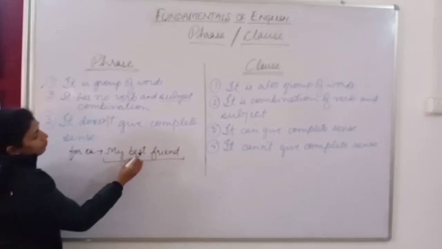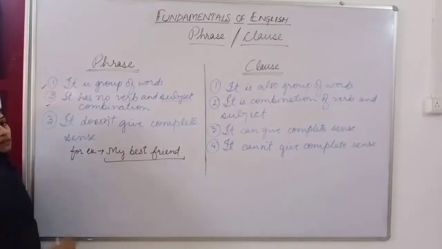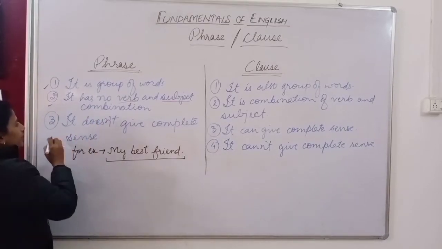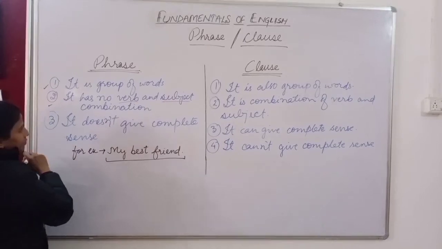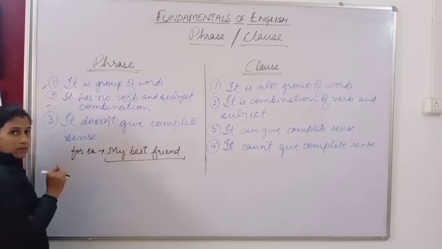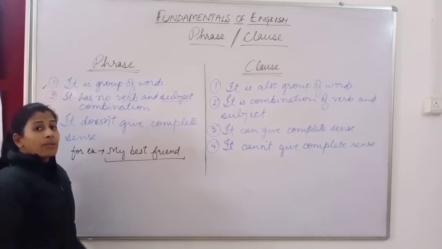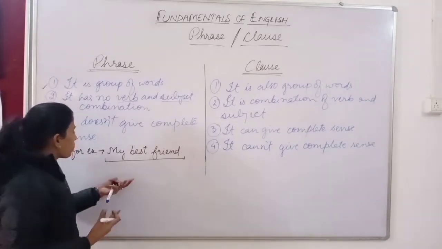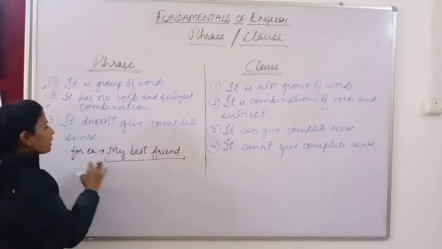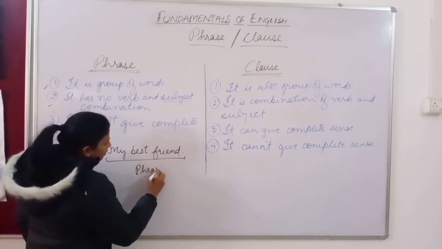It has no verb and no subject, which we included in our second point. And third, it can't give complete sense. It only says my best friend, but what are they going to say about my best friend? It's only a group of words that is called a phrase.